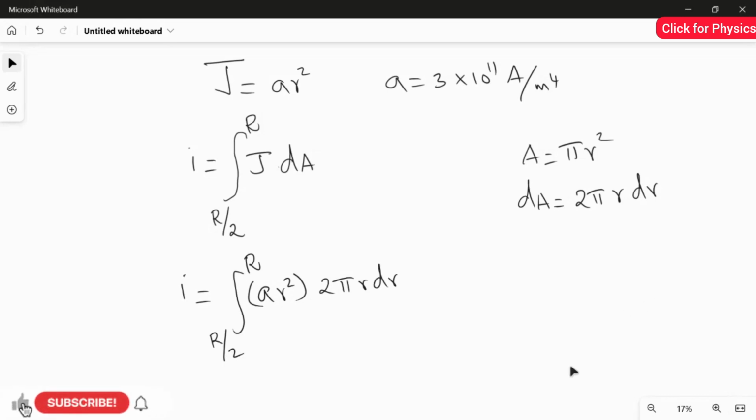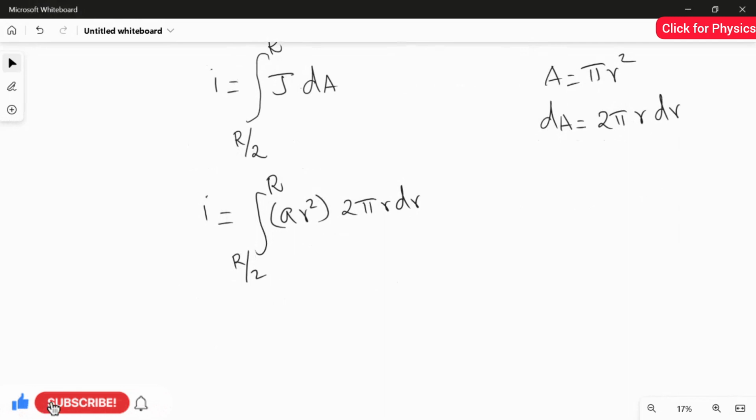So now what should be your answer? I'm going to take the constant term outside. What is the constant term here? A is the constant term, pi is the constant term, and also 2. So 2 pi A is the constant term, and I will take it outside.